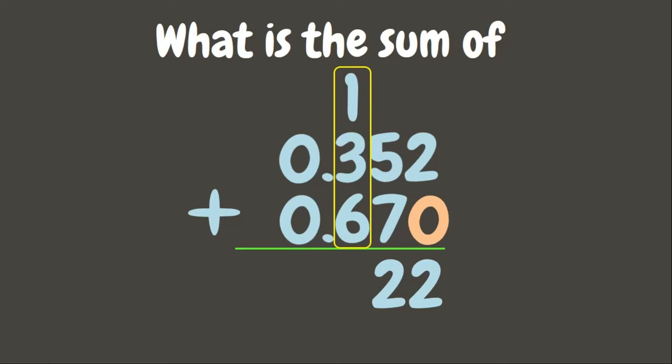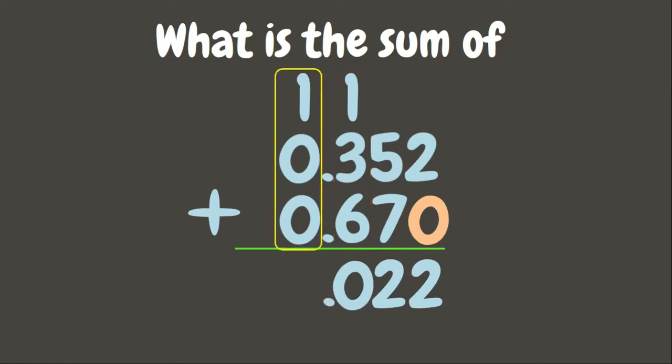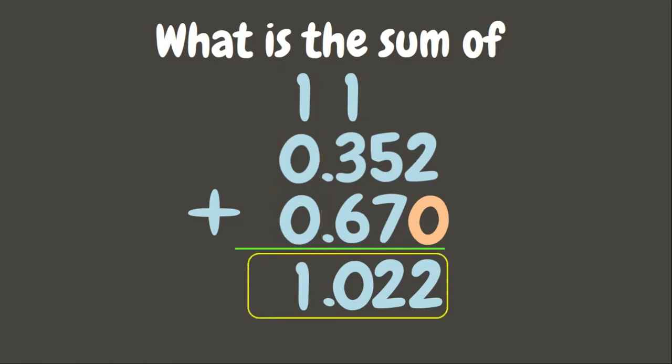Very good. Write 0, carry 1 to the next place value. Put the decimal point aligned from above. And then 1 plus 0 is 1. Our answer is 1 and 22 hundredths.